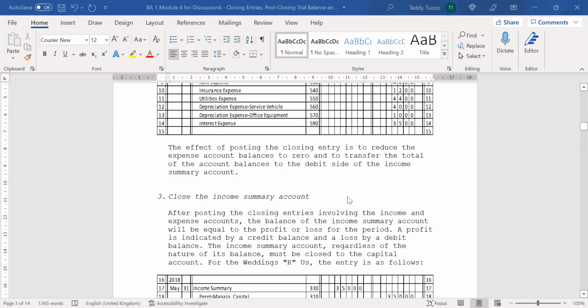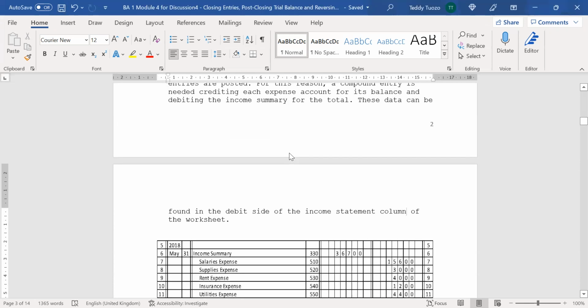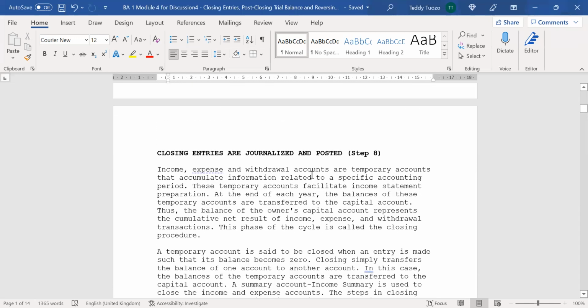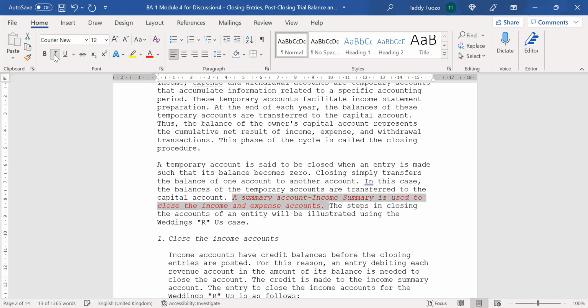So next is to close the income summary account itself, no? Can you remember the temporary accounts, the one that I mentioned, income, expense, withdrawal, and actually part of it is the income summary account, no? The income summary account is used to close the income and expense accounts. So I will highlight that.